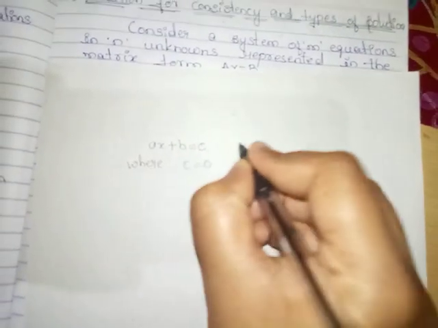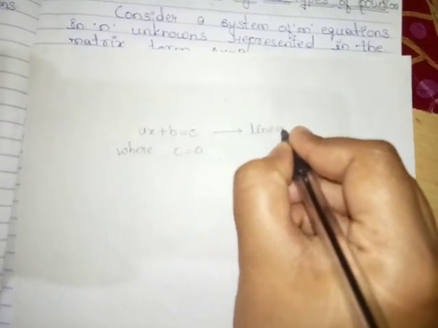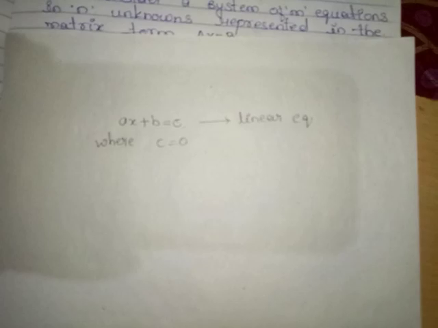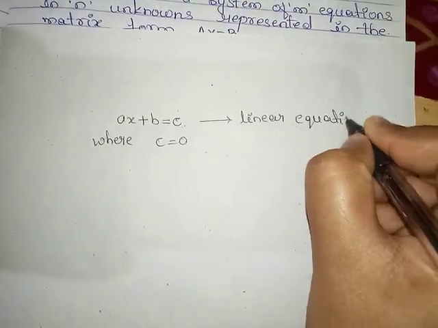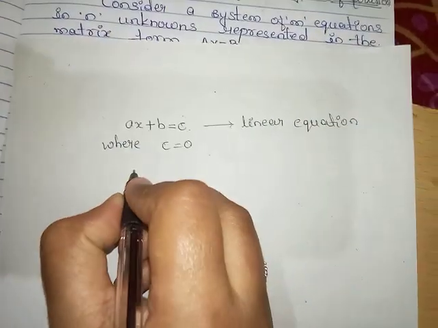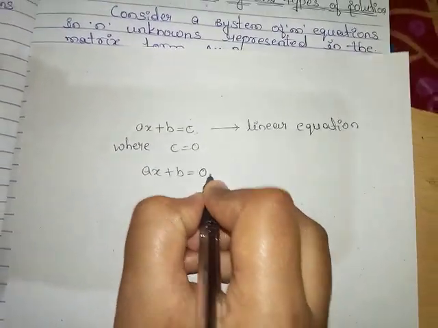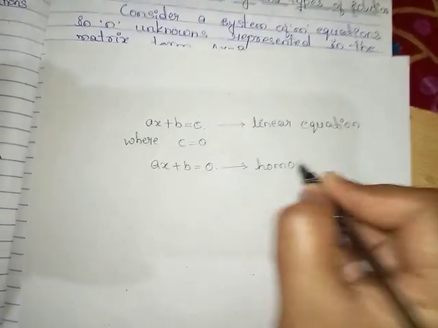When c is equal to 0, it will be ax plus b is equal to 0, which is a homogeneous equation.